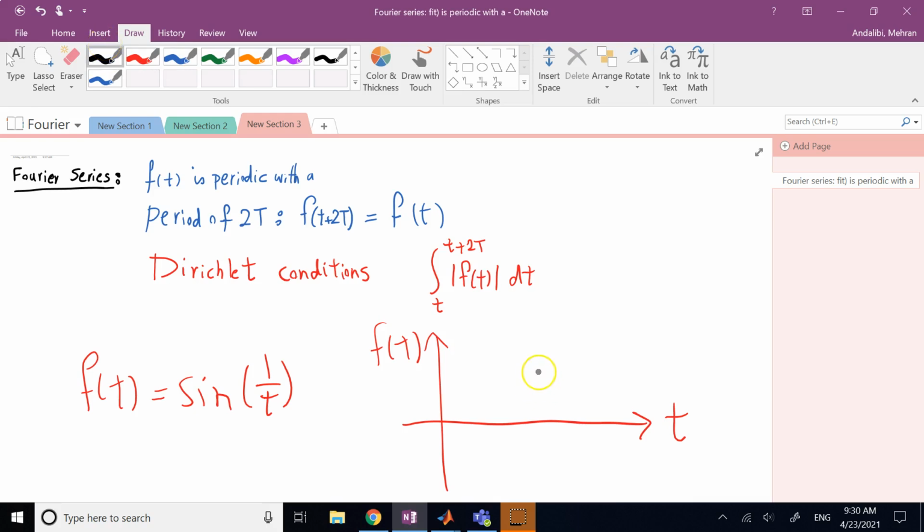So you start here, and here is 1 and this is -1, and then it starts basically increasing the frequency of it, right? So it gets faster and faster and faster until when you get to 0, you almost have no x for a huge change in y, and this is bounded variation. In other words, the frequency of the signal goes to infinity. Okay, it changes that fast. So this function is not satisfying the second of the Dirichlet conditions, right?